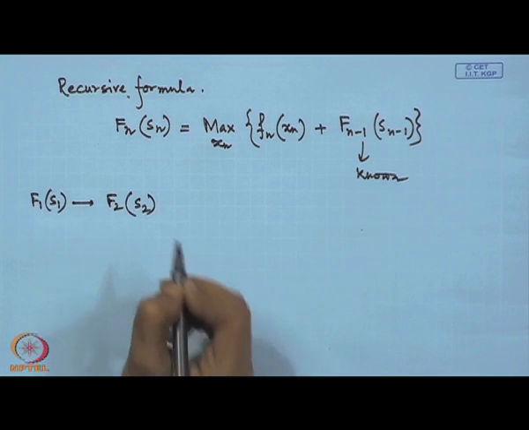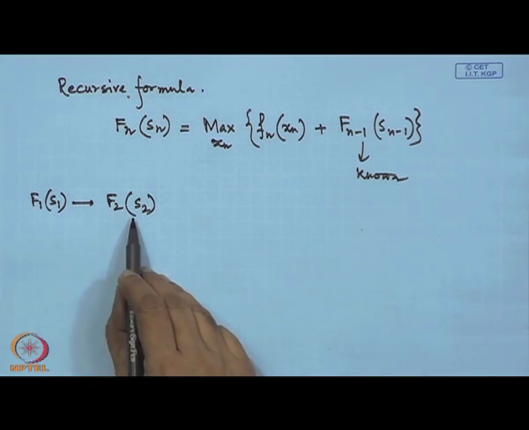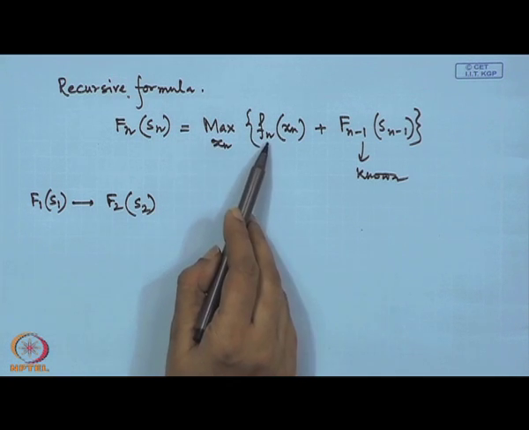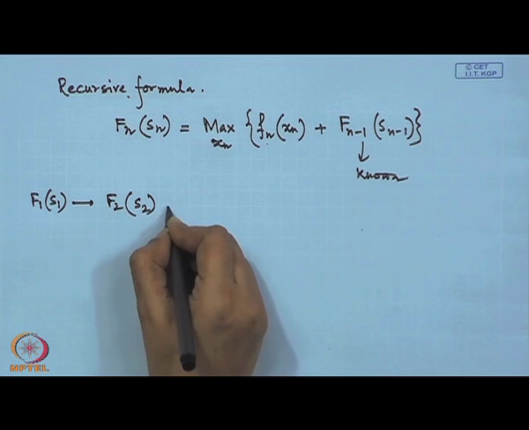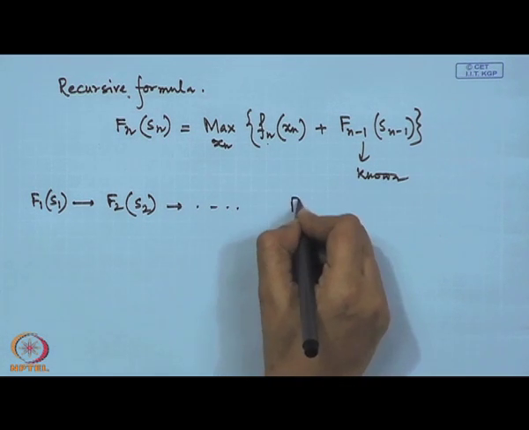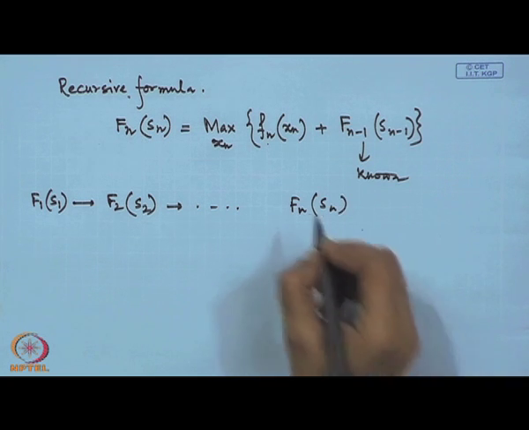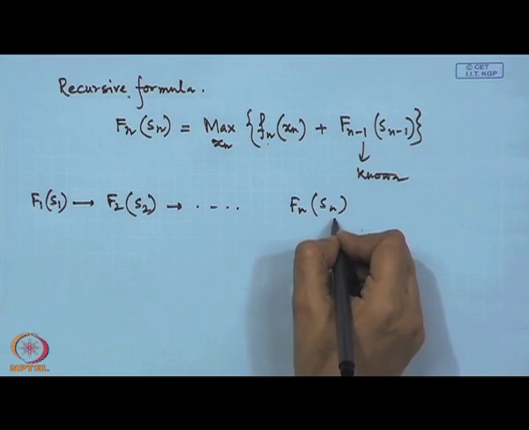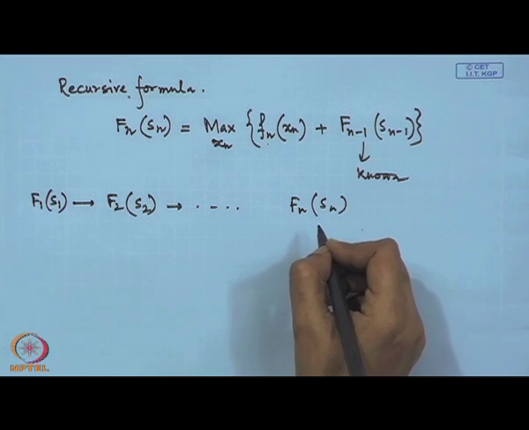That means we are doing the forward recursive process. f2 s2 again would be the maximum of f2 x2 plus f1 s1. In this way we will move to fn sn, and this is the final result. Whatever optimal we are achieving here, that is the optimal solution for the whole problem. That means each time the optimization occurs in a single variable. How is it coming as a single variable?